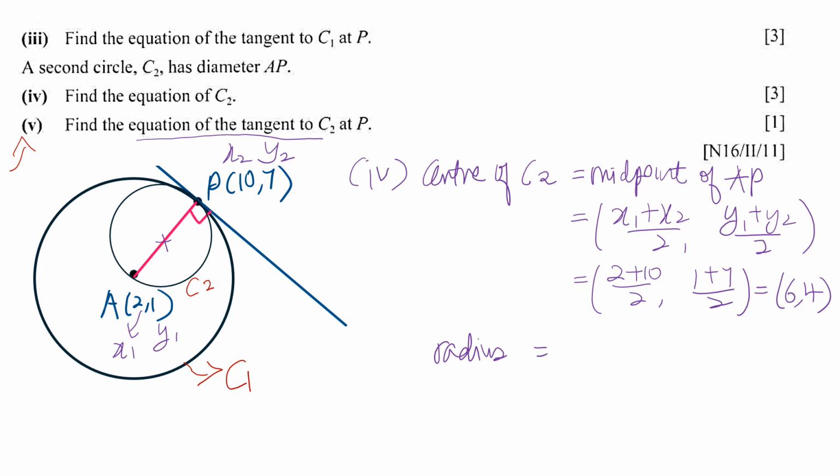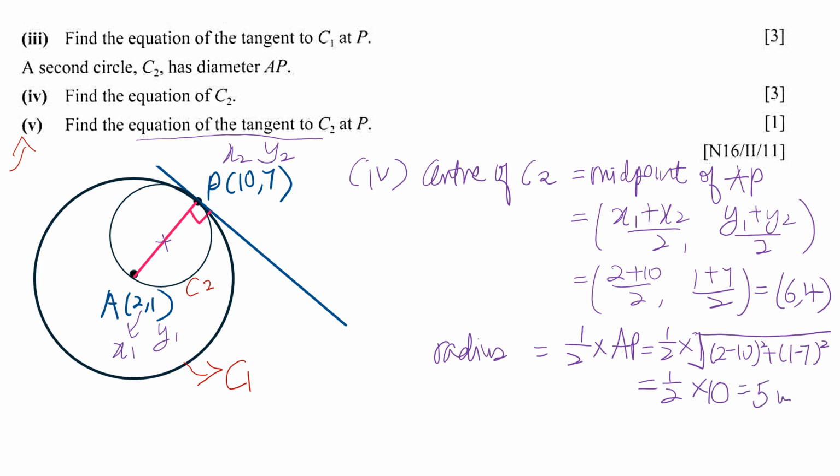equals to half times your distance AP, would be half times the square root of (2 minus 10) squared plus (1 minus 7) squared. That gives you 5 units.